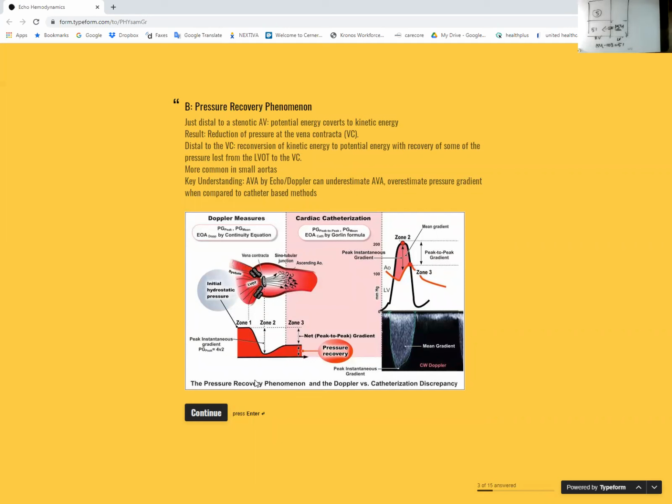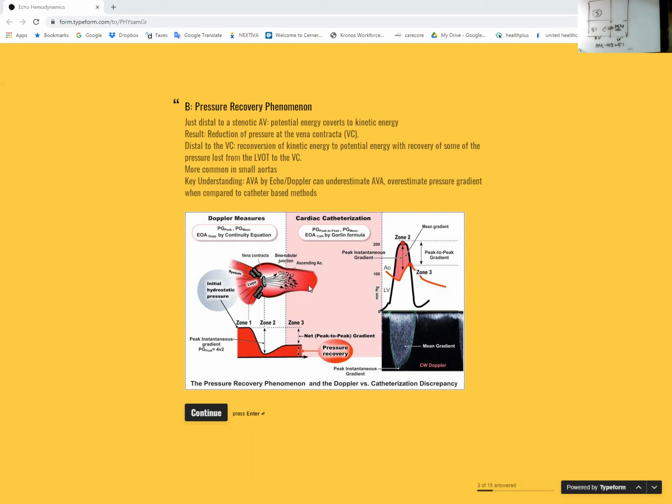So the pressure recovery phenomenon, very simply put: you have a stenotic valve, and just after the stenotic valve, your pressure drops just a tiny bit. If you measure your pressure gradient from your very pressurized LV to the area right over the valve, which is what you do in echo, you get a much bigger gradient than if you measure it in cath, the difference between your LV pressure and a little bit further up in your aorta.